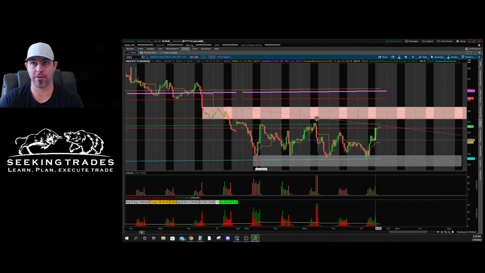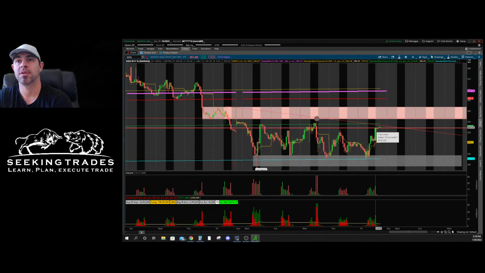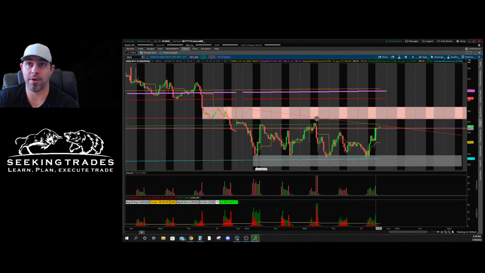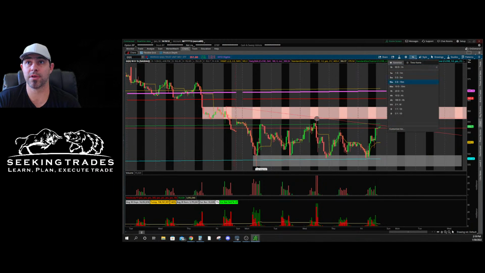And this big old rally right here at the end of the day, that was all on Apple. It's earnings report, great news. And that's all that was for. Because other than that, it was looking weak. Real weak. I jumped in on this going up just because the momentum was just insane. I was looking at the candles, so I'll just go back to the 5 minute real quick.